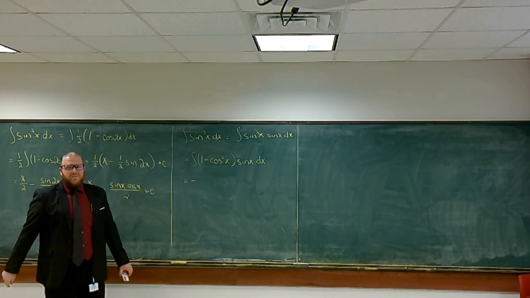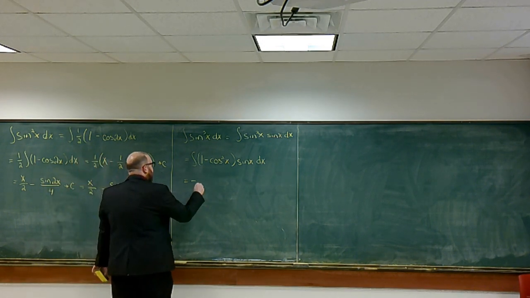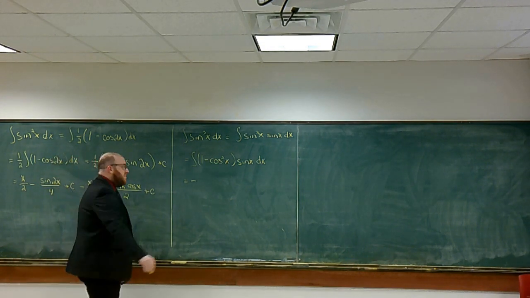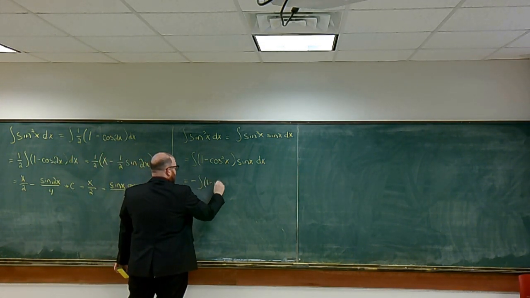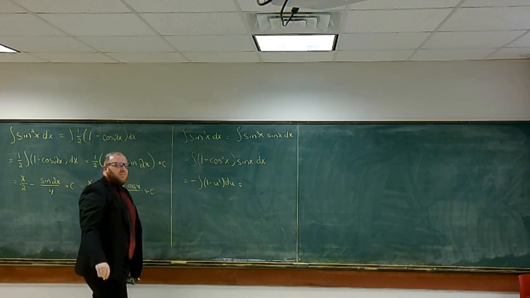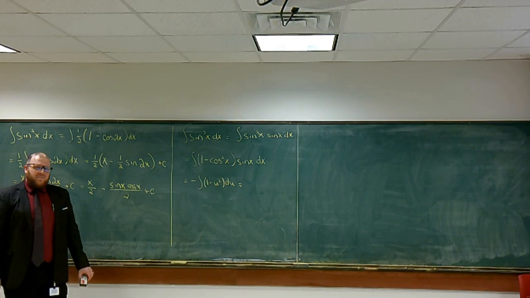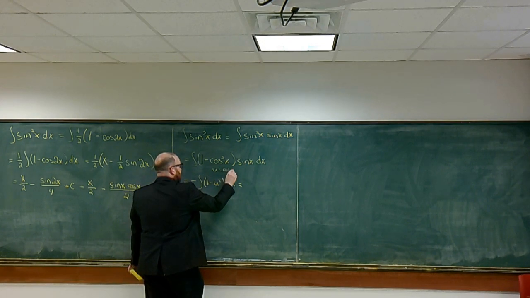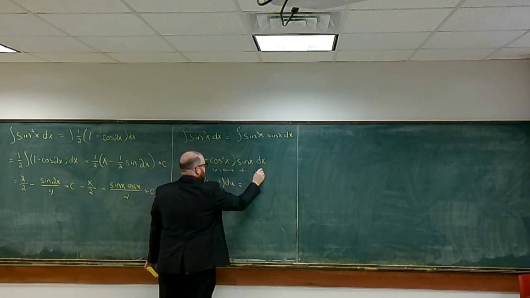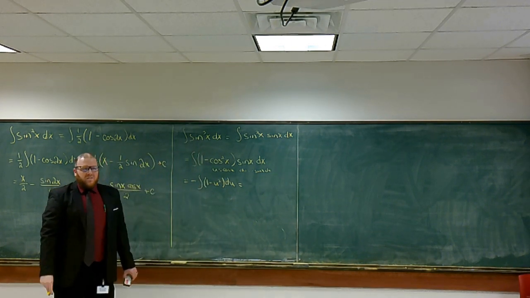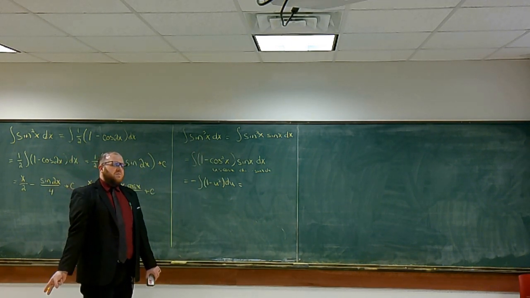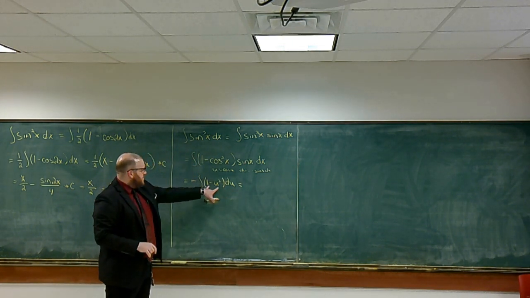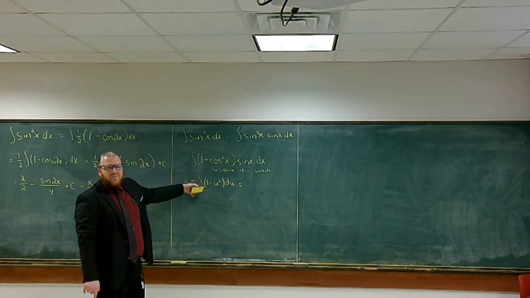And we get a negative. This becomes 1 minus u squared, right? This is the same as u squared minus 1, get rid of that negative.